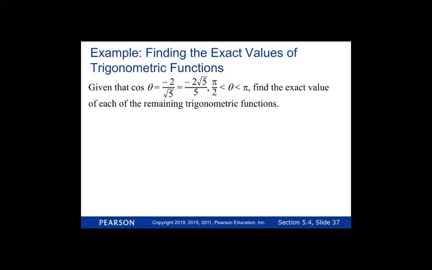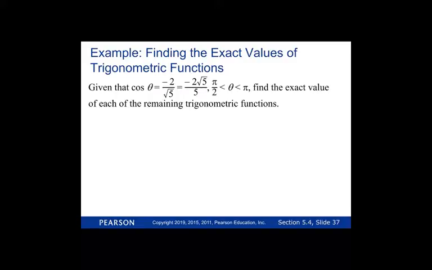Okay, so given that cosine is negative and theta is between pi over 2 and pi, what quadrant are we in? What's pi over 2? Try again. That's our 90. Pi over 2 is our 90, and pi is 180, right?